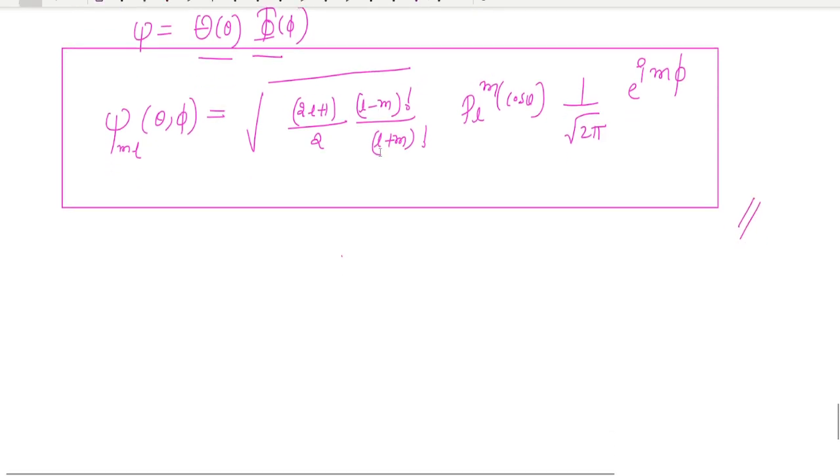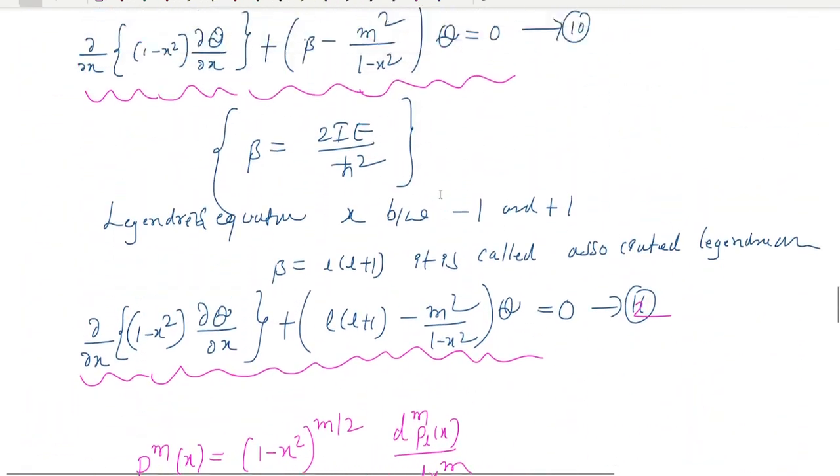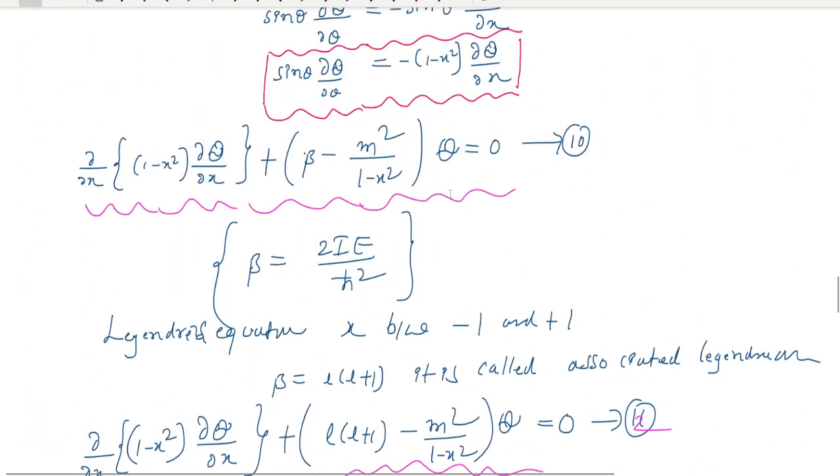Then we need to calculate eigenvalues. That is simple. Just compare the two Lagrangian equations. 2IE divided by h cross squared equal to L into L plus 1, right? I'll show you here. Yeah, here. So this is our equation, and here we got the comparison equation.